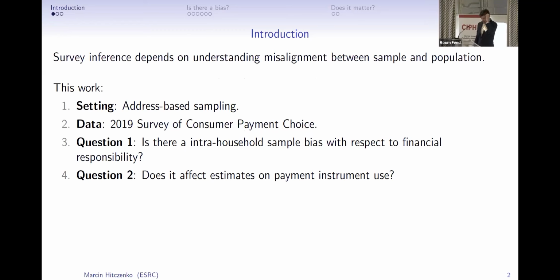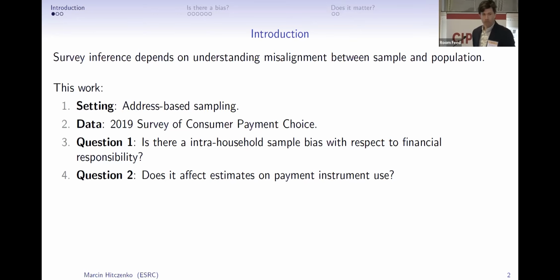This work, I think, addresses a small slice of a broad issue in survey statistics, which is the alignment of the sample with the population. So here's a brief outline. The setting of this research is address-based sampling, and specifically selecting people from within households.